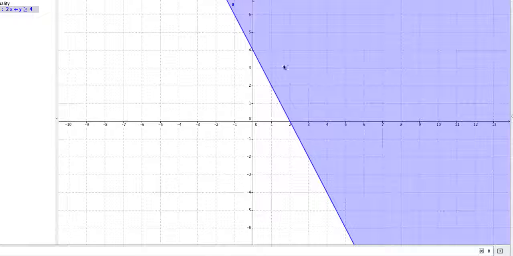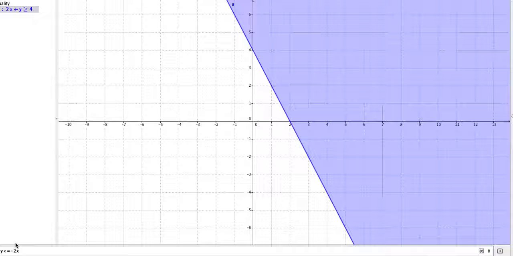Again, to find that boundary, that solid line, we need to graph 2x plus y equals 4. Then let's graph the other one, y less than or equal to negative 2x minus 1.